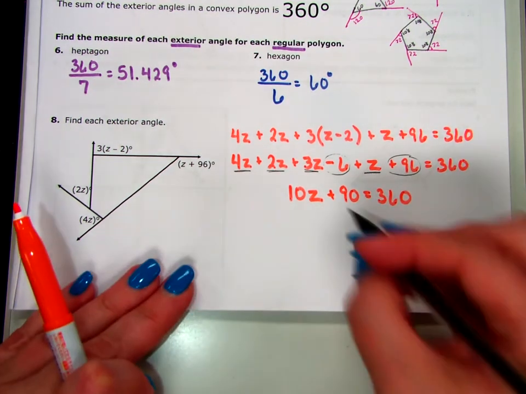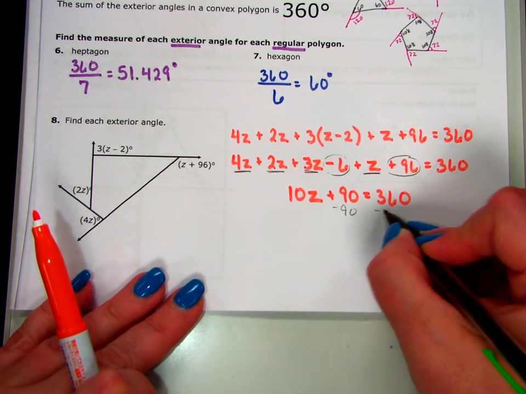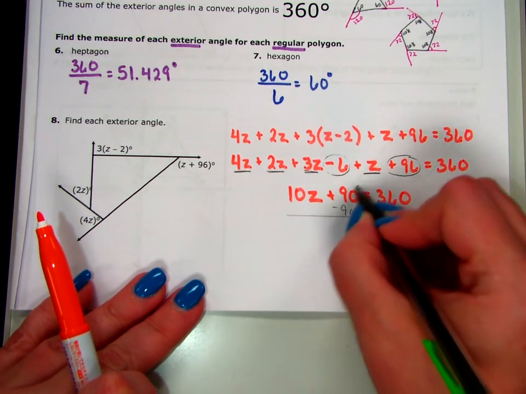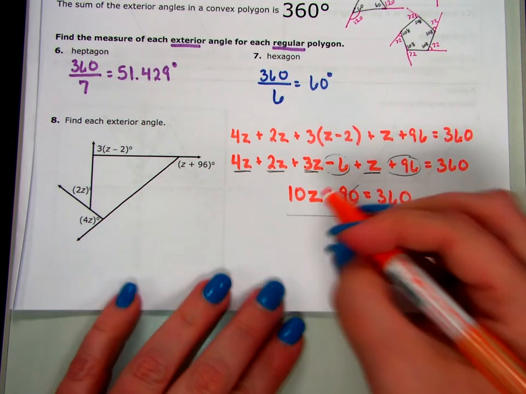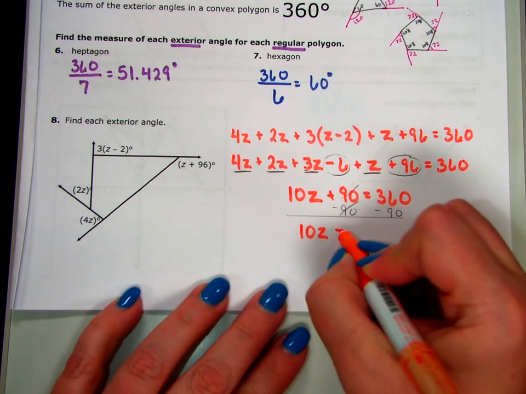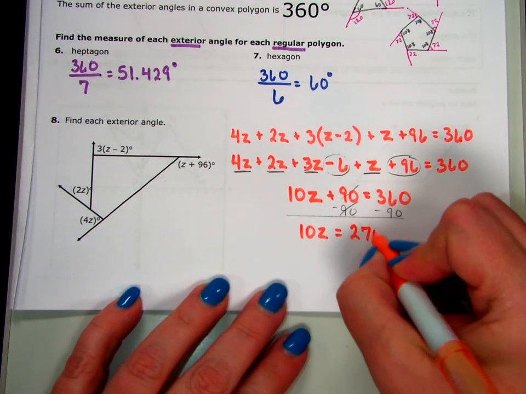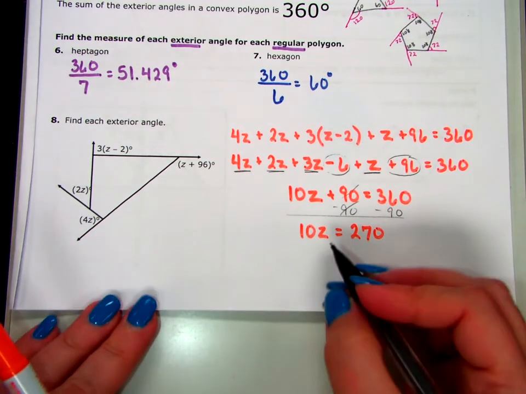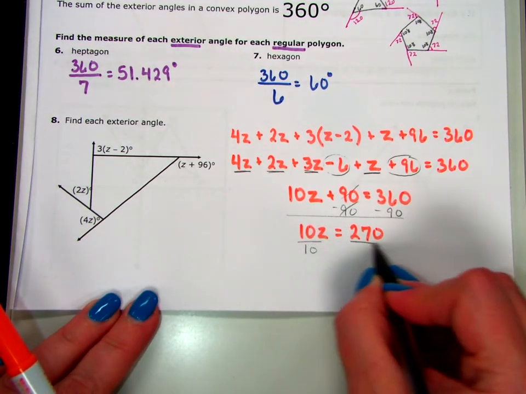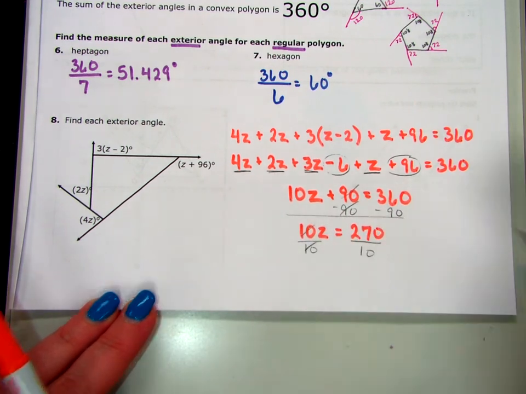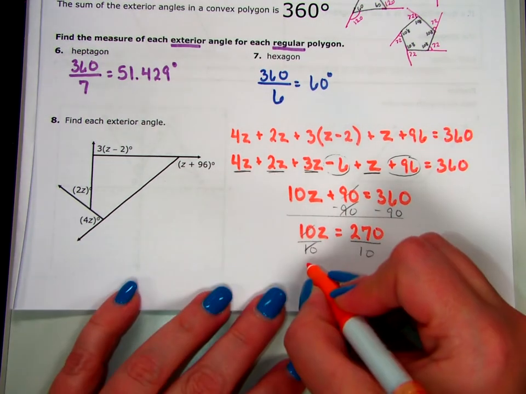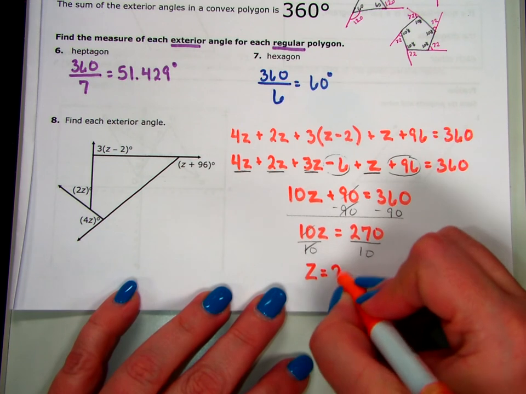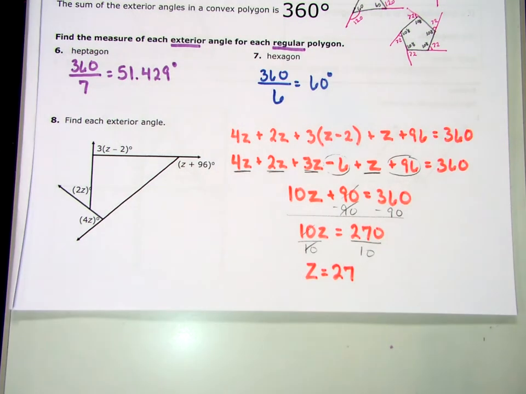What's my next step? Subtract the 90 both sides. Subtract 90 on both sides, my subtraction property of equality. 10z equals 270. And then the last thing I need to do to find z? Divide by 10. And z equals 27.